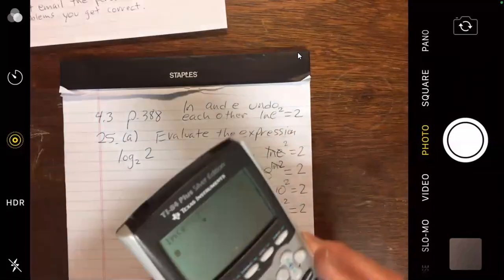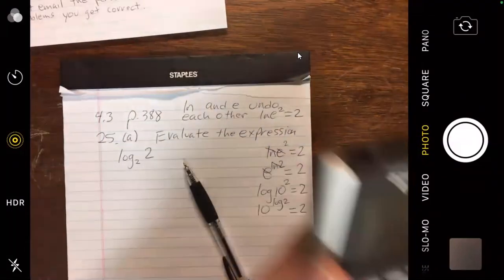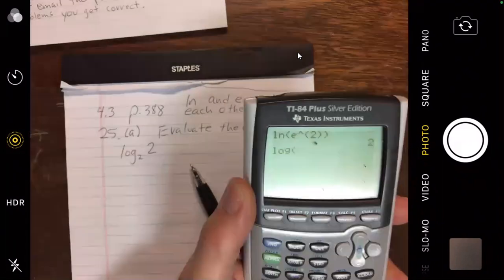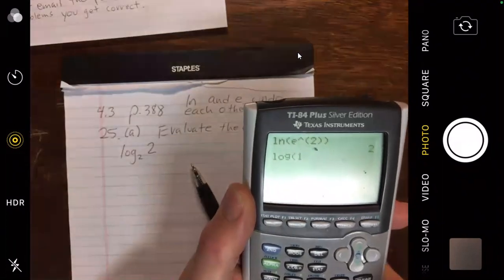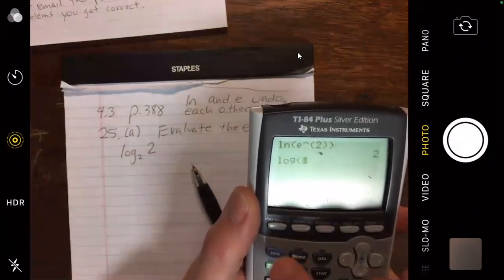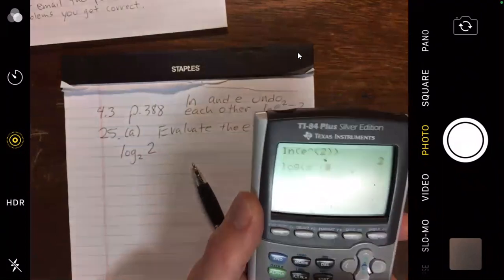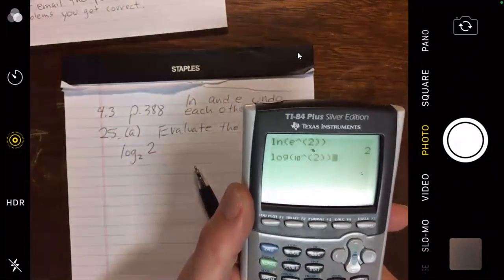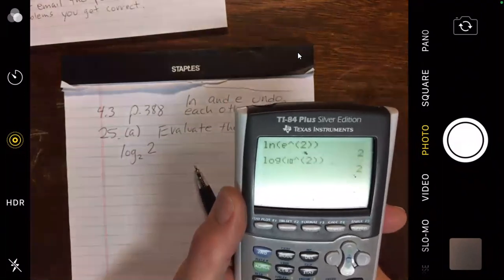You can either punch literally 10, or you can hit second log, the calculator version of 10 raised to the 2, and you get 2.